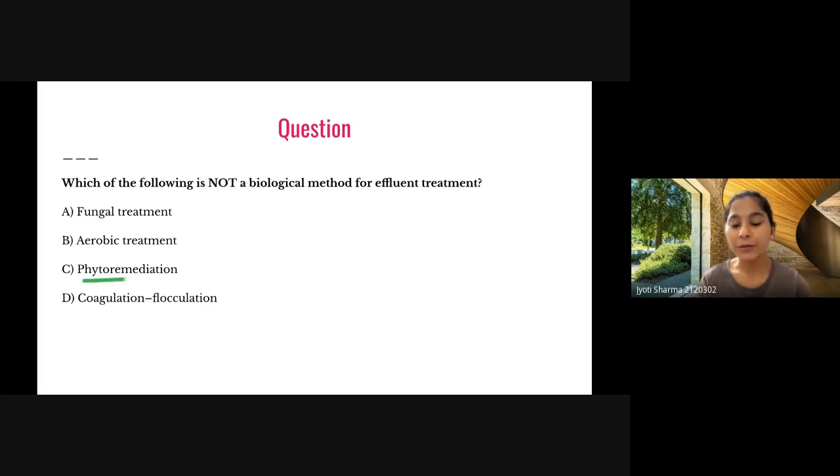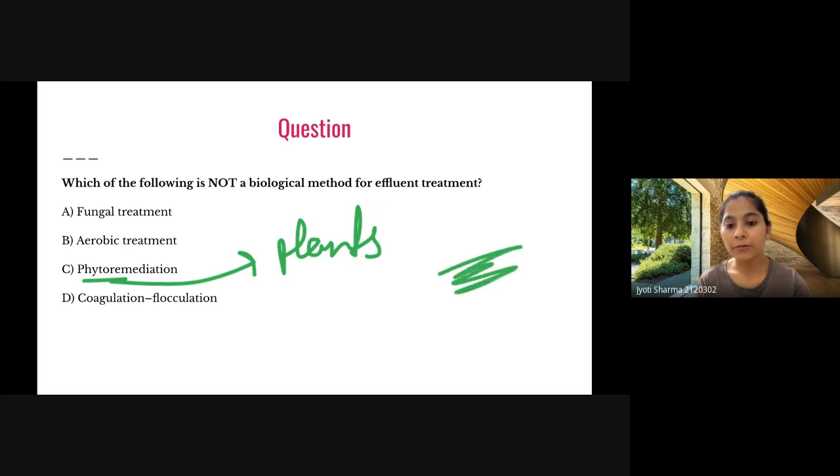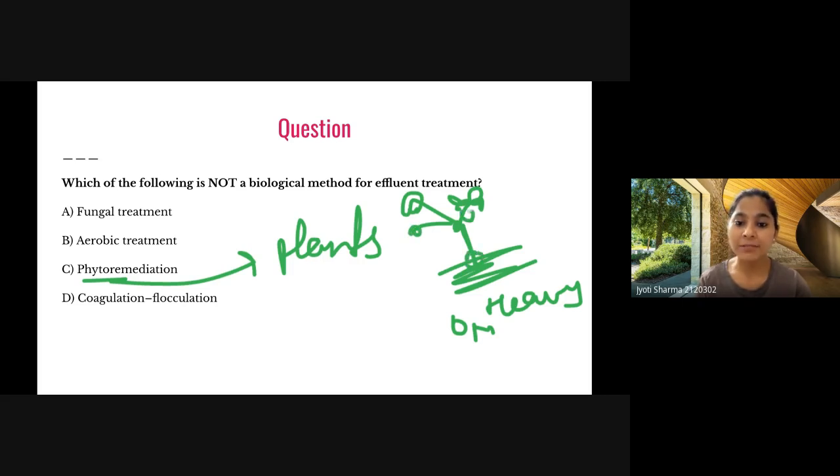So yes, D will be the right answer, but not C. C is phytoremediation, phyto means plants. Whenever, let's say in the soil, we have some heavy metals or some organic matter, and we are growing some plants on that soil, that plant can take such heavy metals or organic matter and store them either in the root or in the stems, or it can vaporize them into the atmosphere.